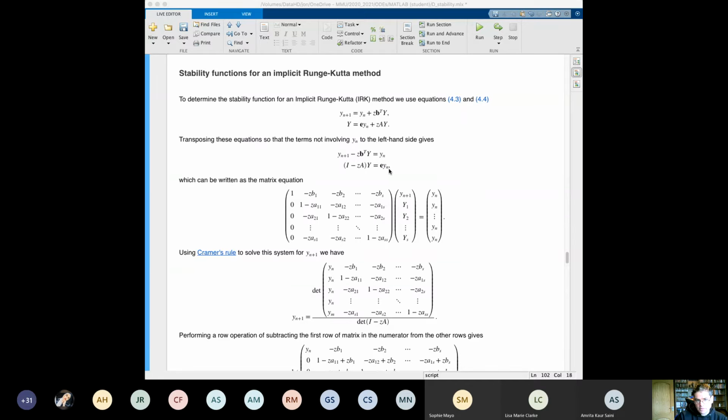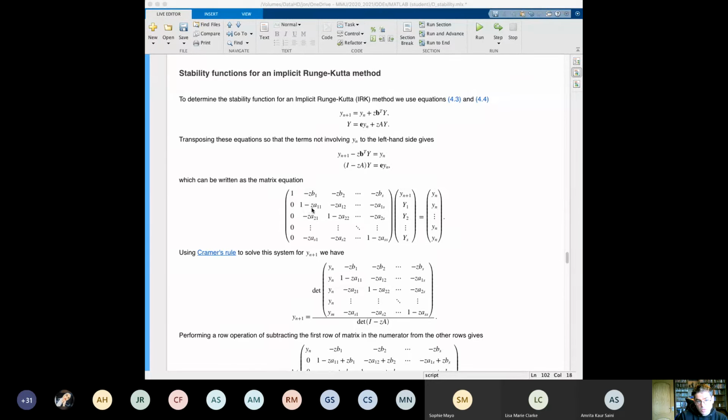We can rewrite this as a matrix equation. The first row is the first equation: yn plus 1 minus 2 times b1 times y1 minus 2 times b2 times y2, etc. All the others are given by this submatrix down here.